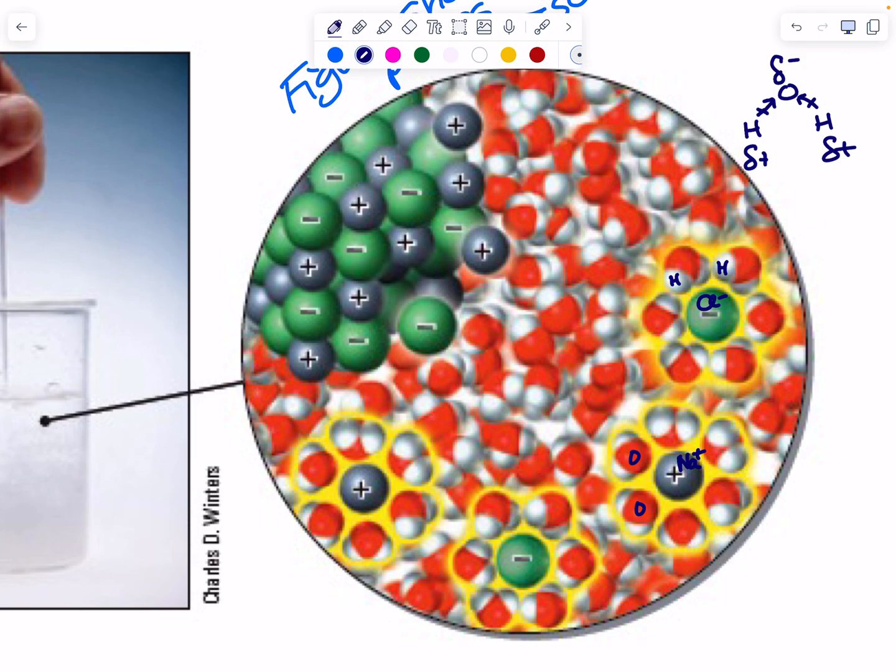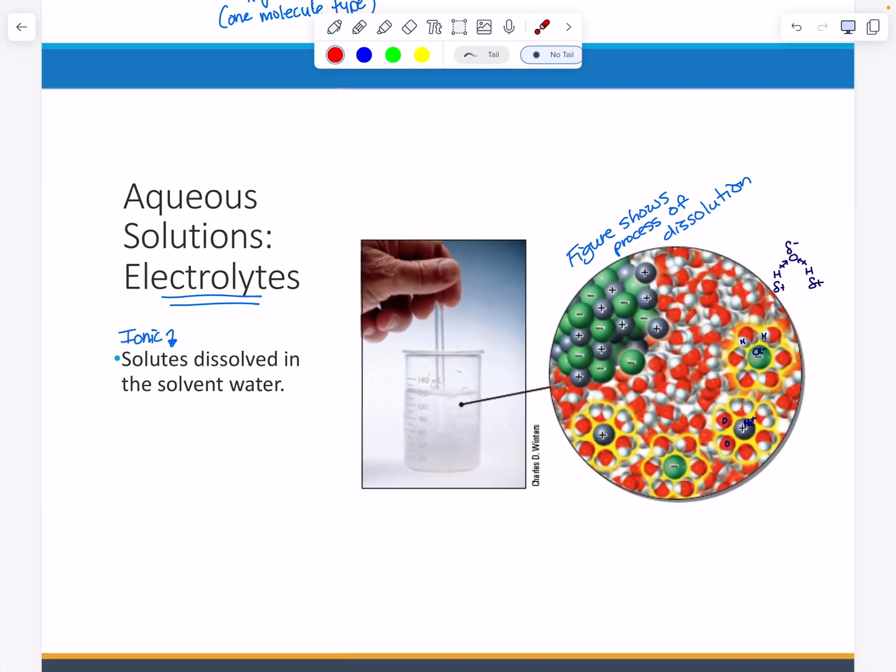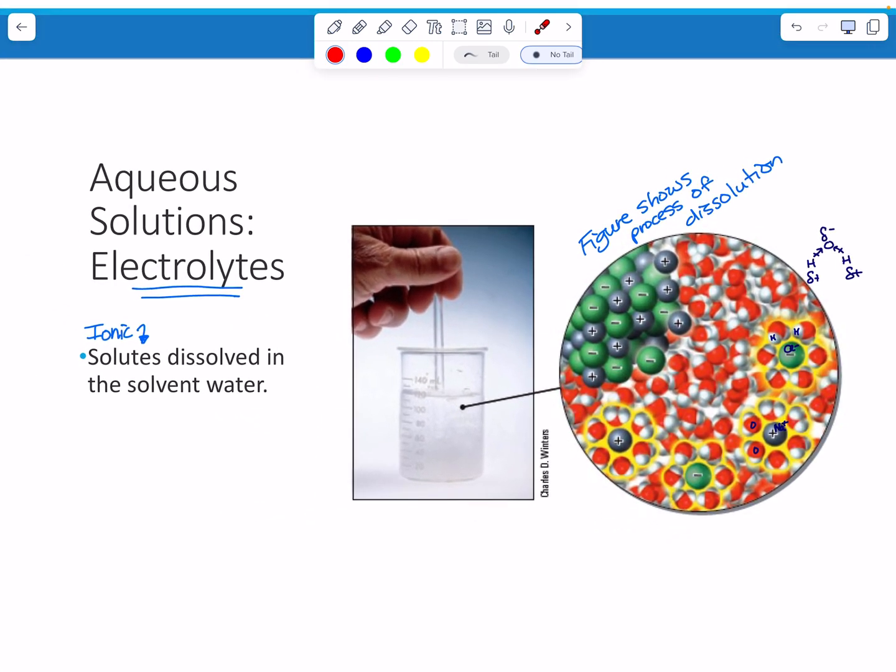So you can have these favorable charge interactions between the positive end of the molecule and the anion in our ionic solute. And then the cation is going to have favorable interactions with the oxygen, the negative end of the water molecule. So that's one of the reasons why we get things dissolving in aqueous solution.